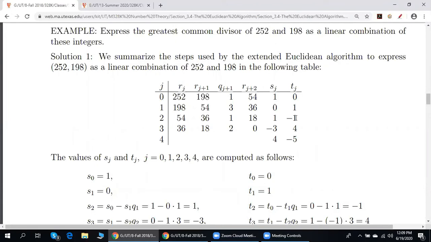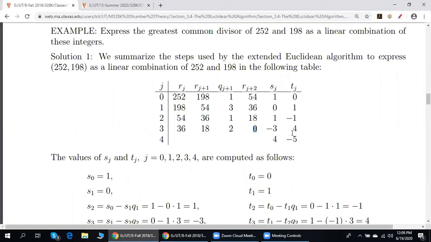Keep going. In order to come up with this number, we just copy this. In order to come up with this number, we copy this. When we divide 36 by 18, quotient is 2, a remainder is 0.